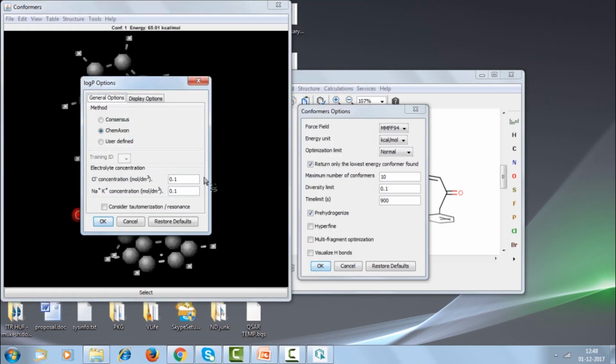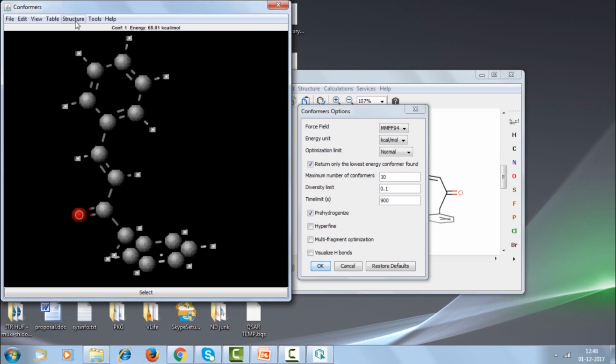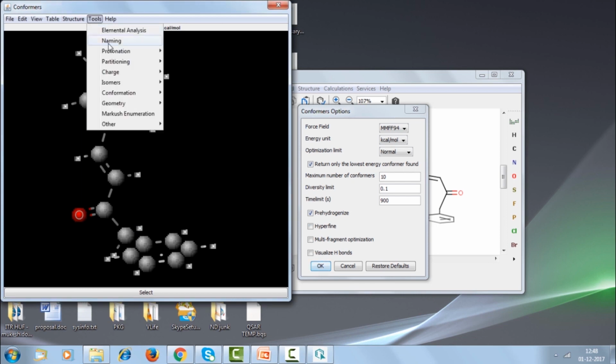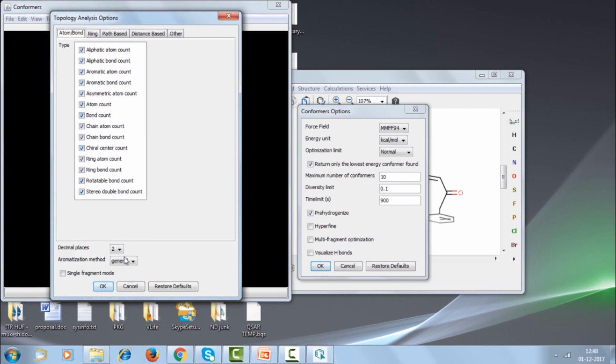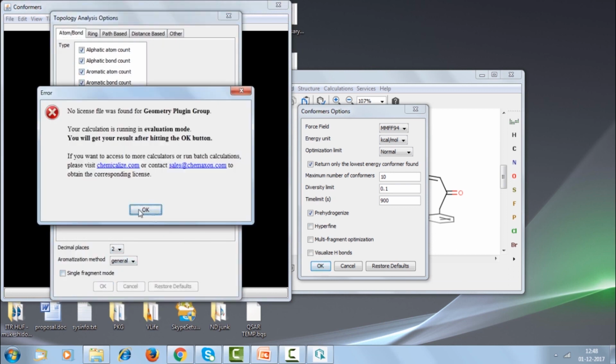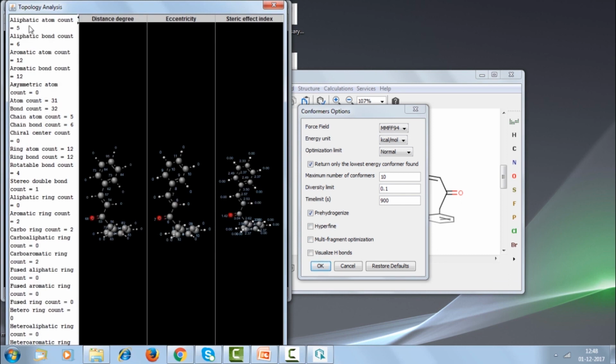Now similarly we can do other calculations also, we can do geometry calculation, topology analysis. So we can do a lot of these calculations, have a look at it. You can see how many aliphatic atoms there are, how many aliphatic bond counts, aromatic atoms, and then chain atom counts, aromatic ring counts, fused aromatic.